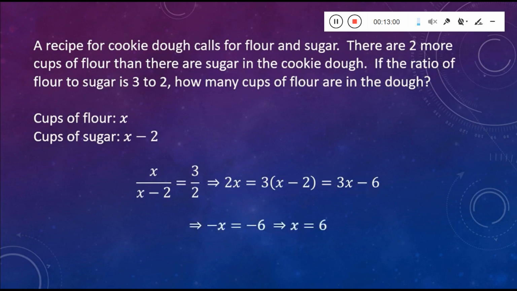I want to look at those 2 things. I'm going to subtract 3x from both sides to give me minus x equals minus 6. And that is going to imply then, after I divide both sides by -1, that x is equal to a positive 6. So I know that there are 6 cups of flour in this recipe for my cookie dough.